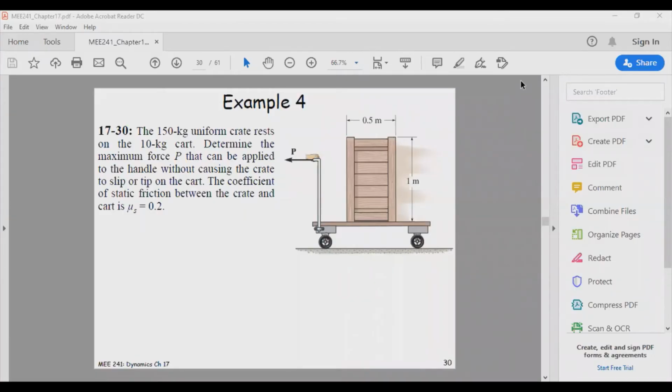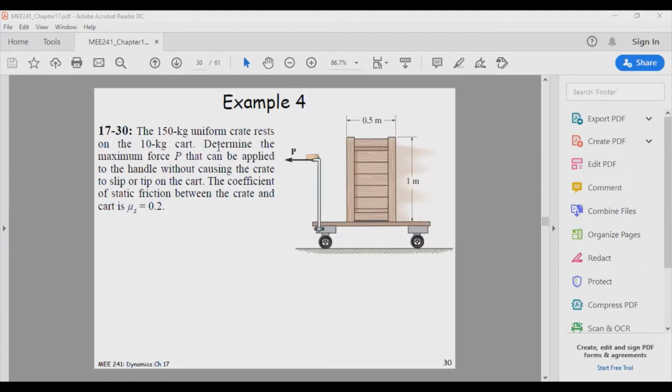Okay, guys. So we are going to continue with this example, in which we have a crate that sits on a cart, and the crate is 150 kilograms. It's basically this wooden box, and it's sitting on a cart, which is 10 kilograms.